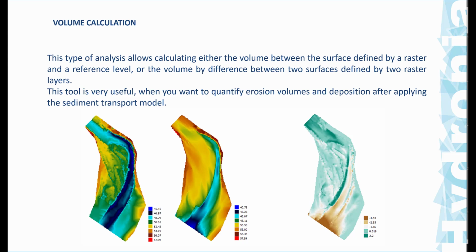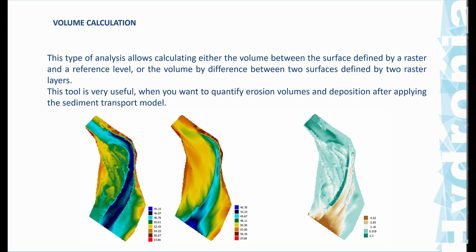Another example, which is very common in hydraulics and also in river analysis, is the volume calculation. This type of analysis allows computing the volume between two different raster layers, that is, the volumes in between these two surfaces.